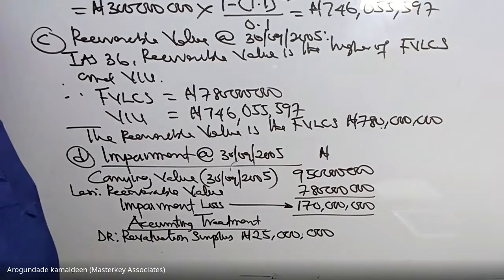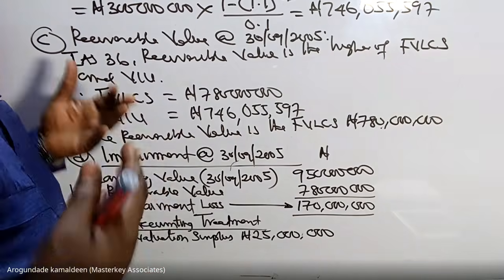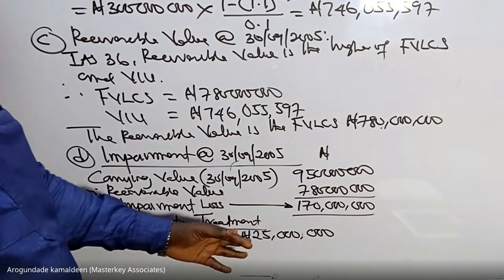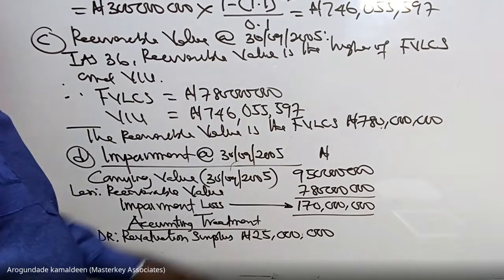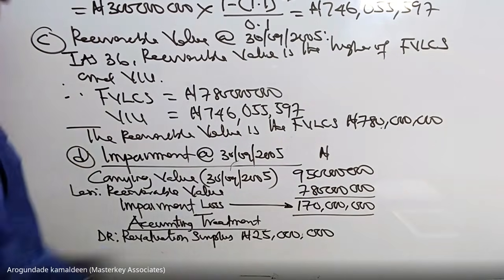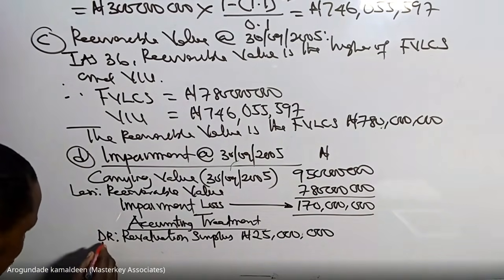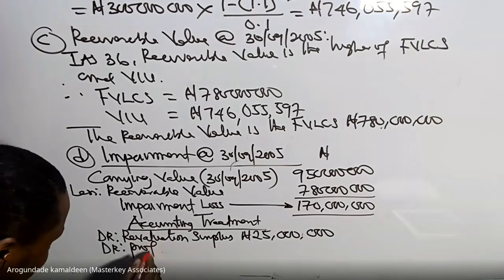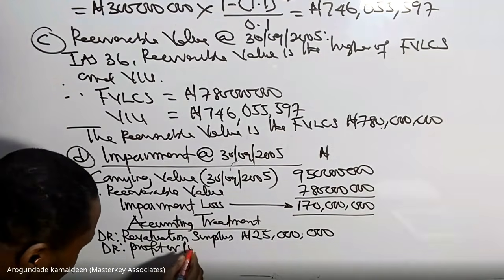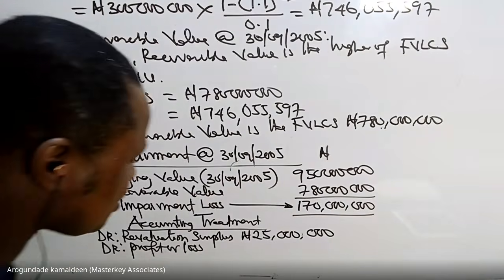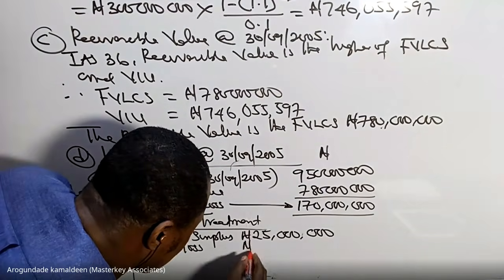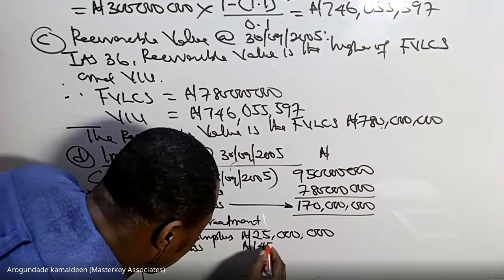Okay. Now we are having this as loss, but we can only claim this from the 117 less this. The rest will go to the P or L, to the profit or loss. Class, that be what now? That be 145.